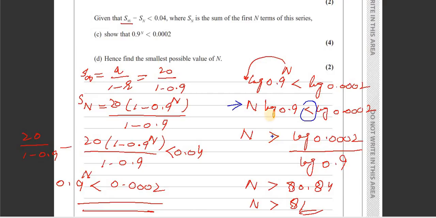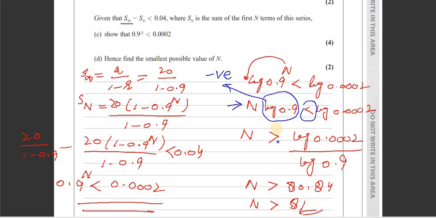It is because log of 0.9 is a negative value. So in an inequality, whenever we multiply or divide by a negative number, we have to flip the sign of the inequality to make a valid statement.